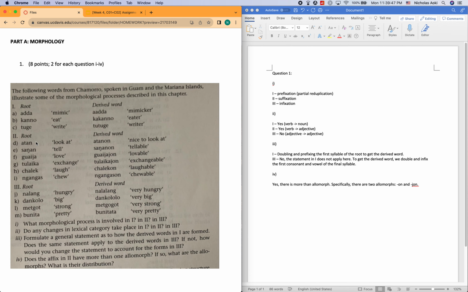So here, let's take a look at the final consonants of the roots and see if there are any patterns that we can observe. I'll write them down on the right-hand side.